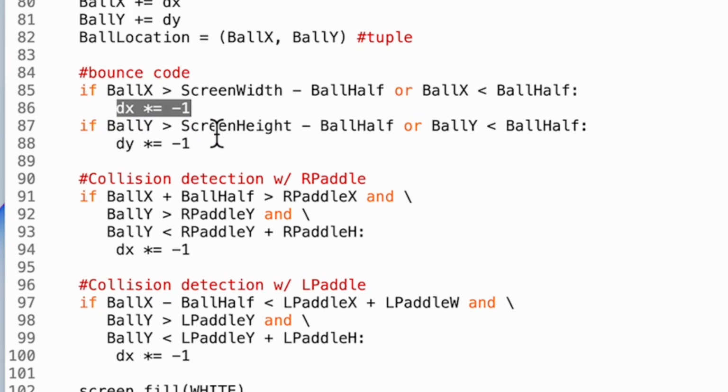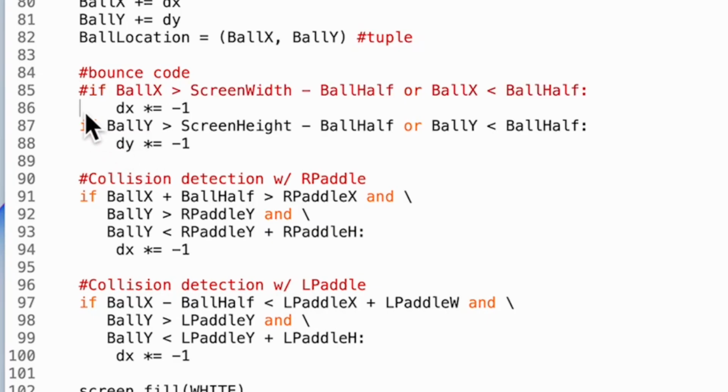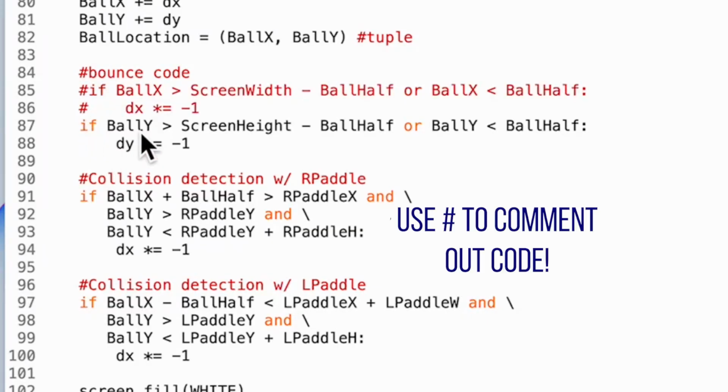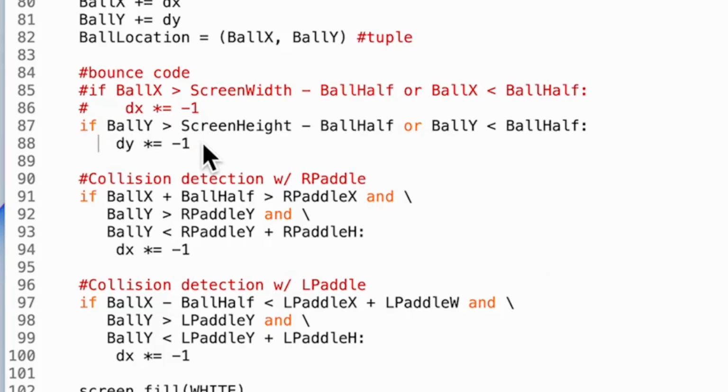Remember that dx times -1 makes the ball bounce either to the left or the right, okay? So I don't think we are going to need this or this code. We are not going to need that code to bounce the ball, okay? Instead, we're gonna need parts of that code to increase the score.